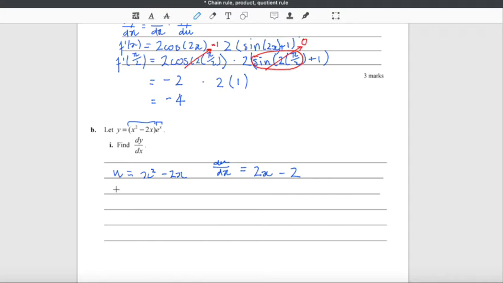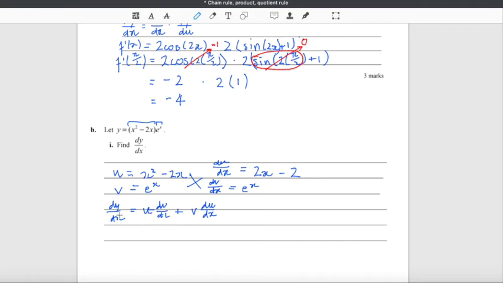And what's next? So v is equal to e to the x. The derivative of v with respect to x is equal to e to the power of x. All right. Product rule says dy dx, so the derivative function is equal to u times dv dx plus v times du dx. So it's this times this plus that times that. So u dv dx, that's supposed to be a u.